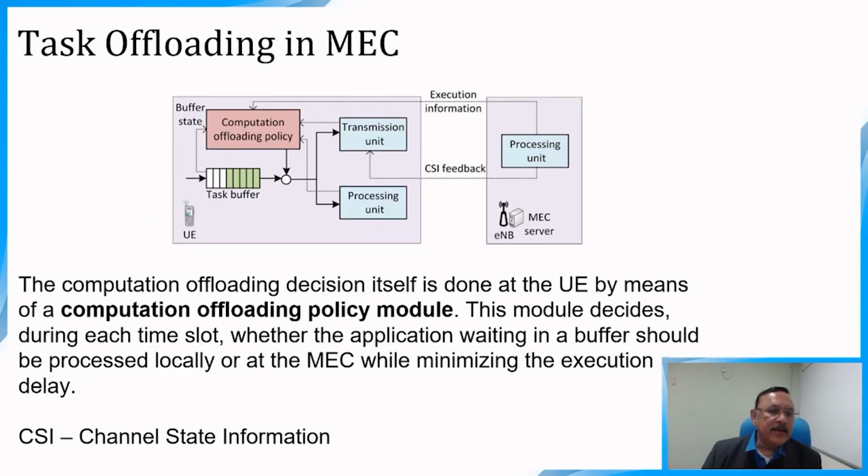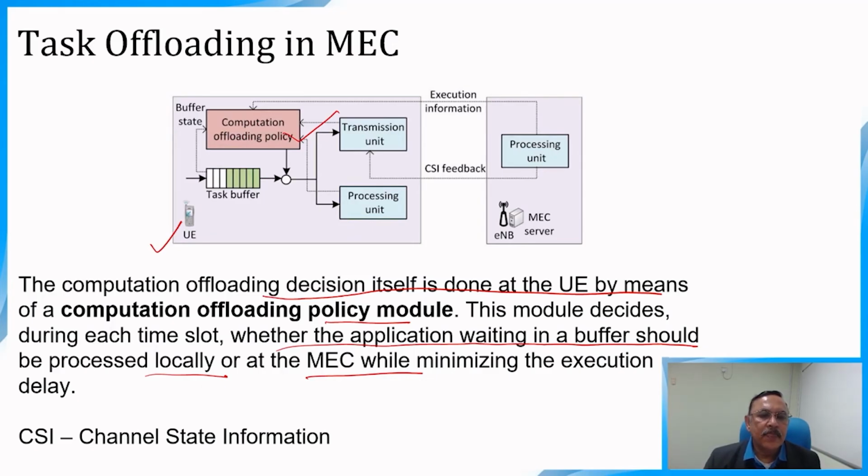Task offloading in MEC: the computation offloading decision itself is done at the user equipment by means of the computation offloading policy module. This module decides during each time slot whether the application waiting in a buffer should be processed locally or at MEC, minimizing the execution delay.